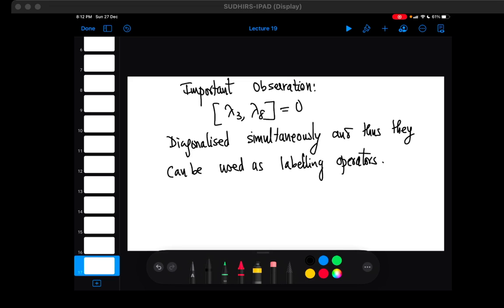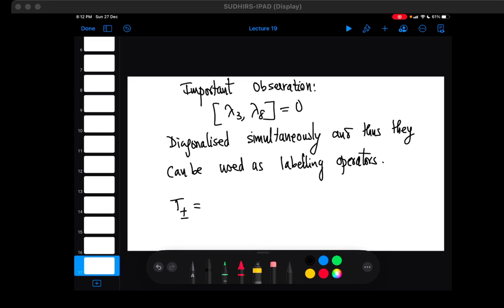Now we can define several raising and lowering operators immediately. First you can define T plus minus. T is essentially a raising and lowering operator, for example, in the case of lambda 3.